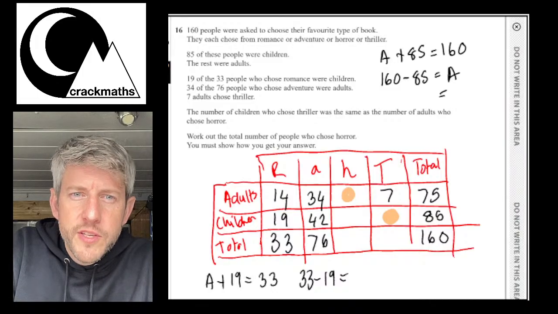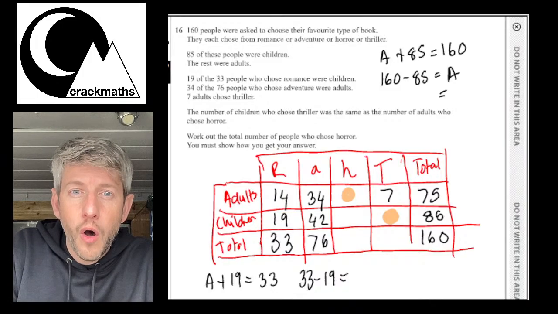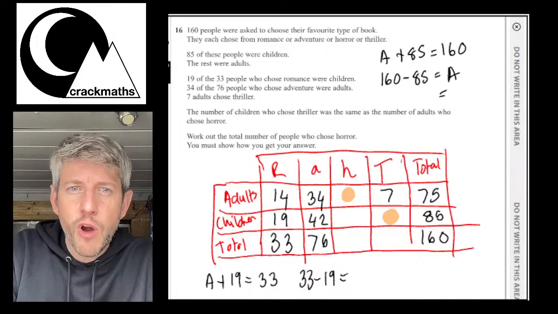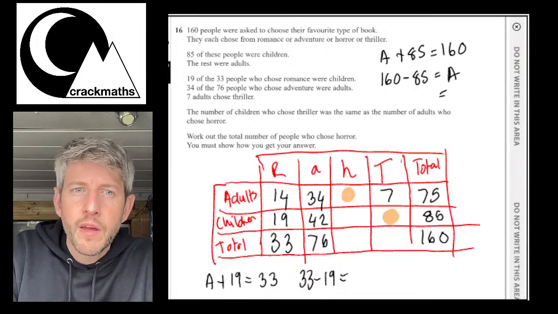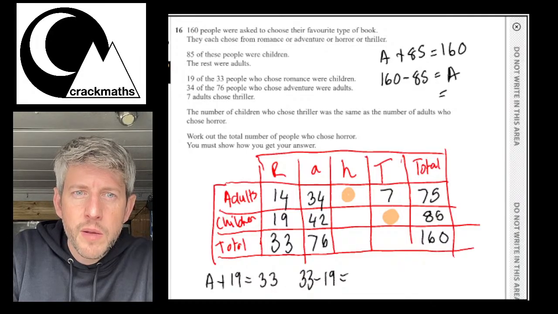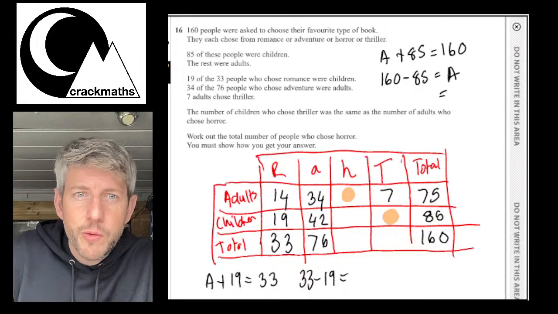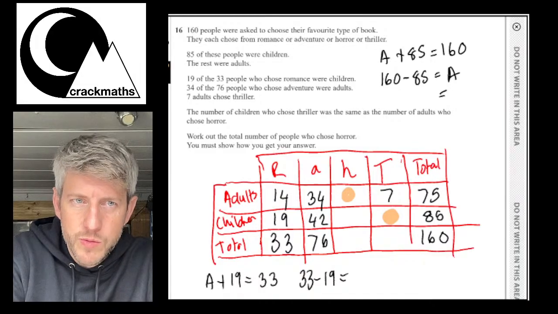So what I'm going to do is I can see on this row of adults that 14 plus 34 plus this mystery number plus 7 has to equal 75, because there's 75 adults altogether.